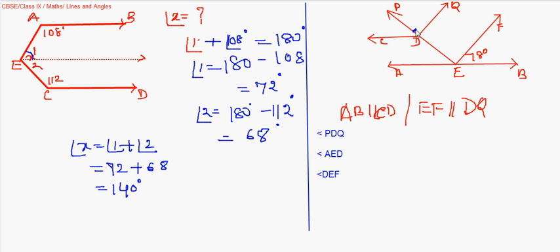PDQ is this angle, AED is this angle, and DEF is this angle. Okay. There is one more piece of information given that this is 34.